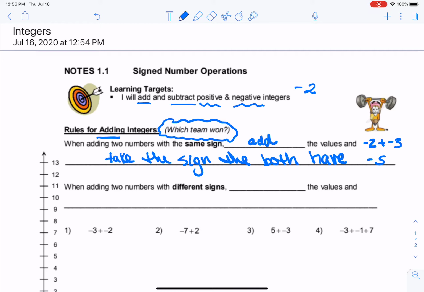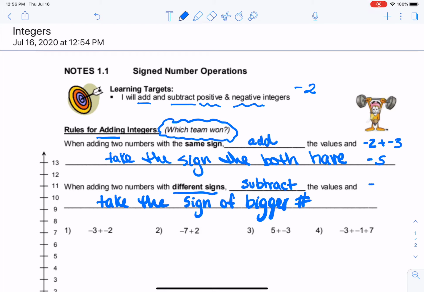So the negative team won because there's only negative points. Now if I have two numbers that have different signs, so one's positive and one's negative, it's kind of weird because it's an addition problem, but I'm actually going to subtract those two numbers. And then this is where the competition comes in. I'm going to take the sign of the bigger number. Let me show you an example.